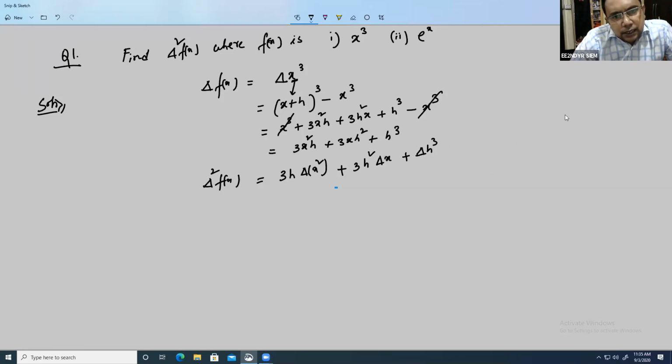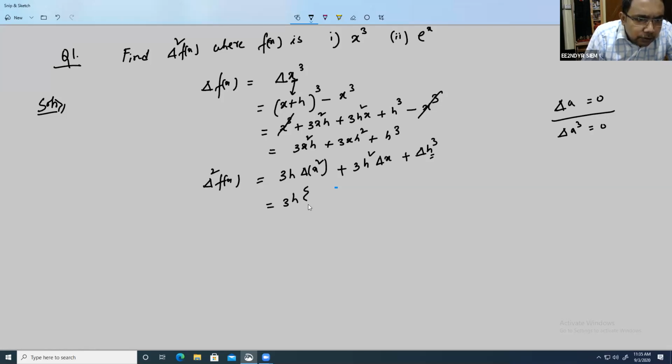Now look at this, del of any constant, del of a, is always 0. Please remember this. So del of a cube will always be 0. Del of h is a finite length, so definitely it is always 0. So this is 3h.